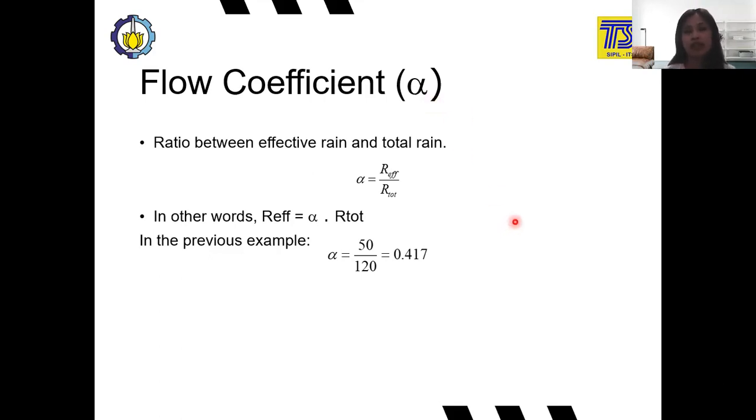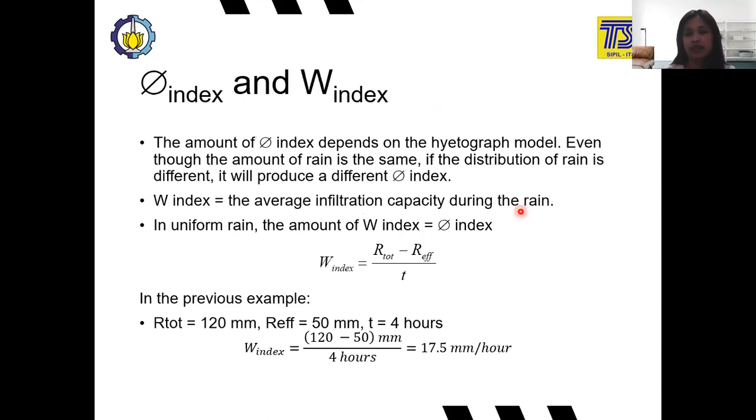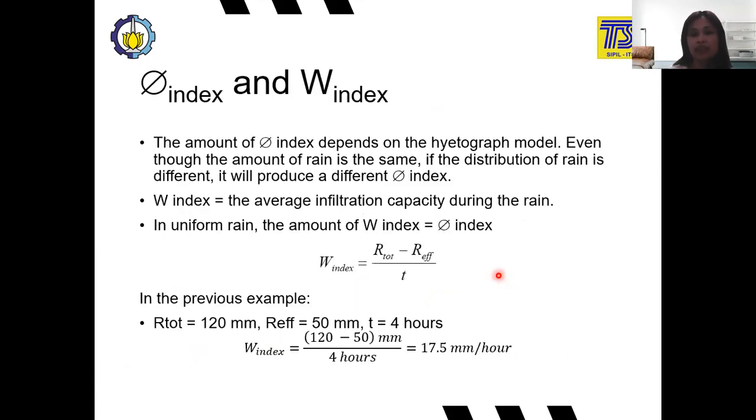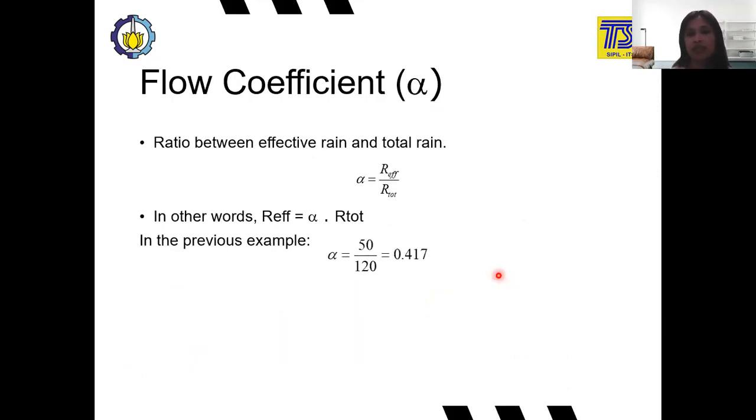And from the previous example, we have the total rainfall of 30, 55, 25, and 10 millimeters, and then we got this effective rainfall of 50. From this data, we can calculate the alpha, or the flow coefficient, by dividing the effective rainfall by the total rainfall.